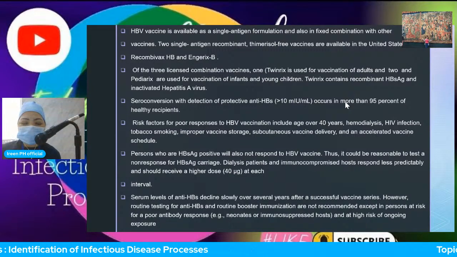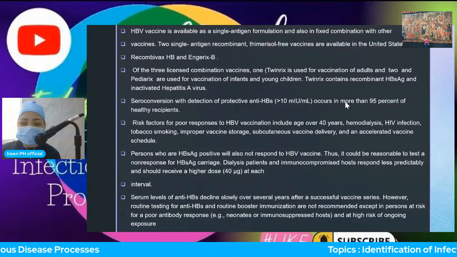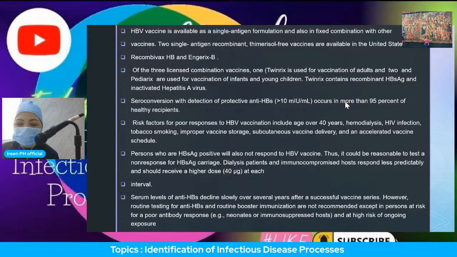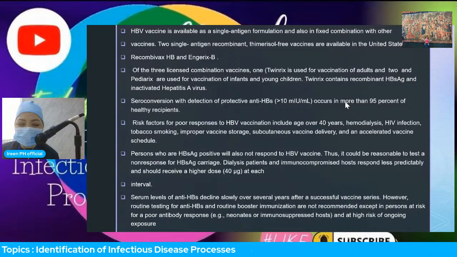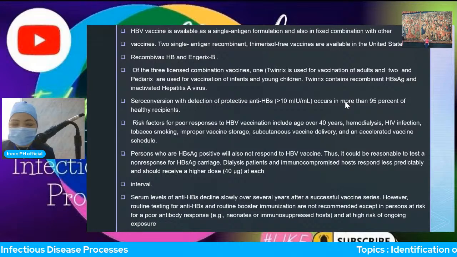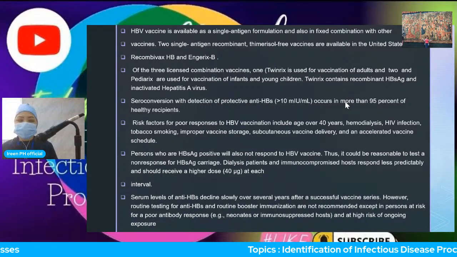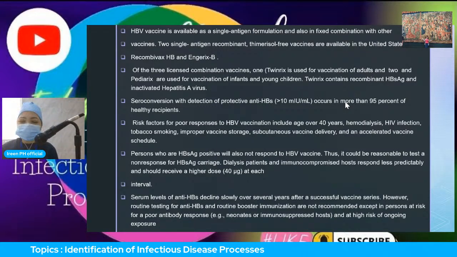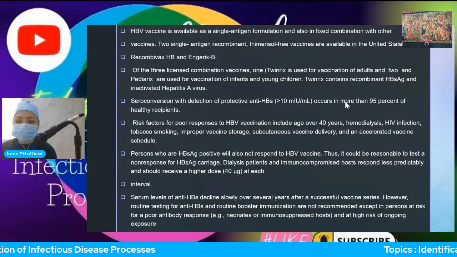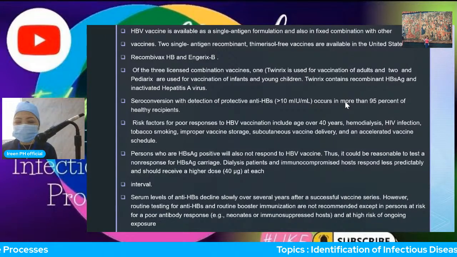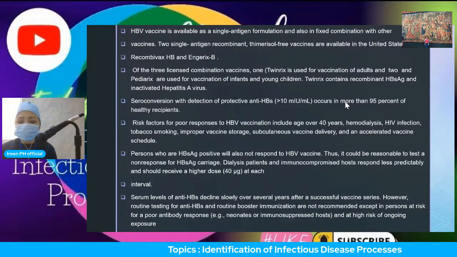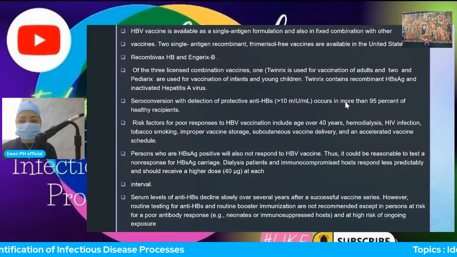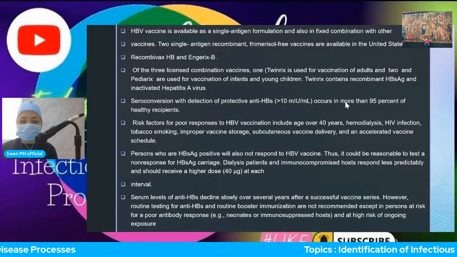Persons who are HBsAg positive will also not respond to Hep B vaccine. It could be reasonable to test a non-responder for HBsAg. Dialysis patients and immunocompromised hosts respond less predictably and should receive a higher dose at each interval.